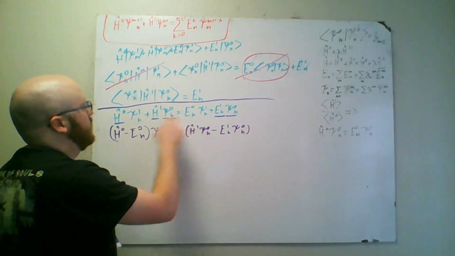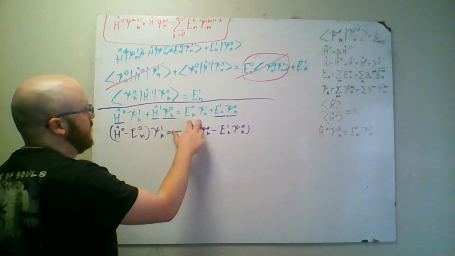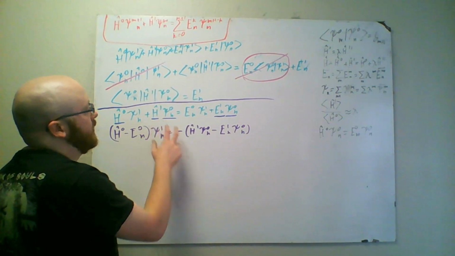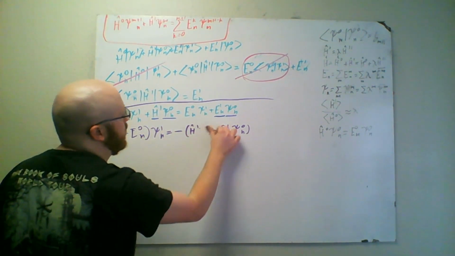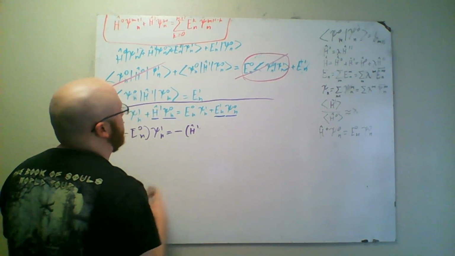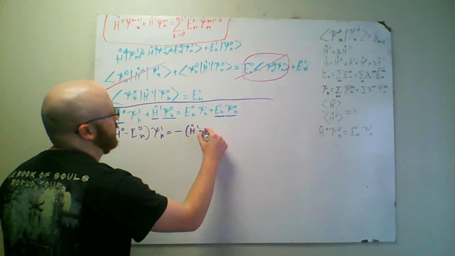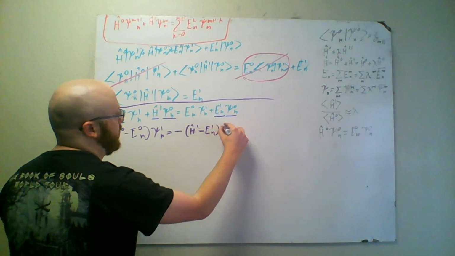So I subtracted this from this side and this from this. I subtracted this from both sides, subtracted this from both sides, and I flipped it over so they were kind of symmetric like this. And let me just make it a little better because if I'm going for symmetry, I might as well go full way.